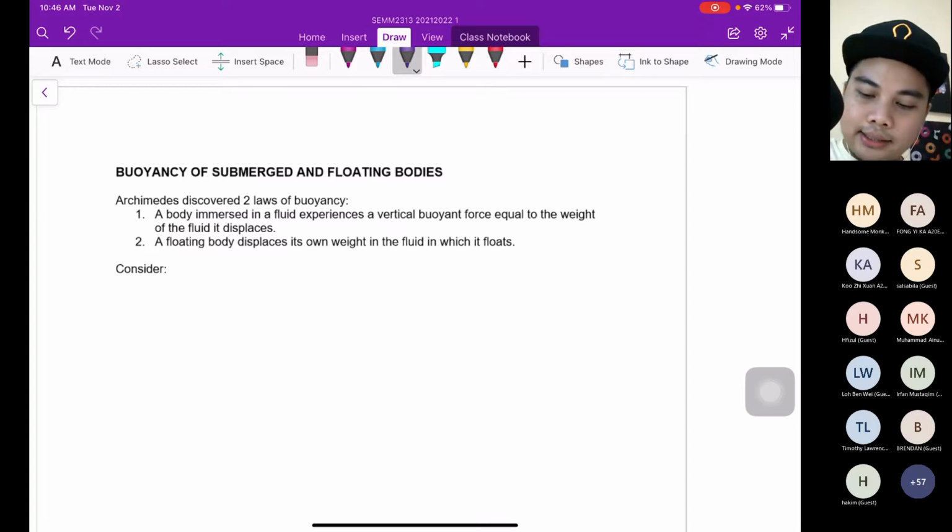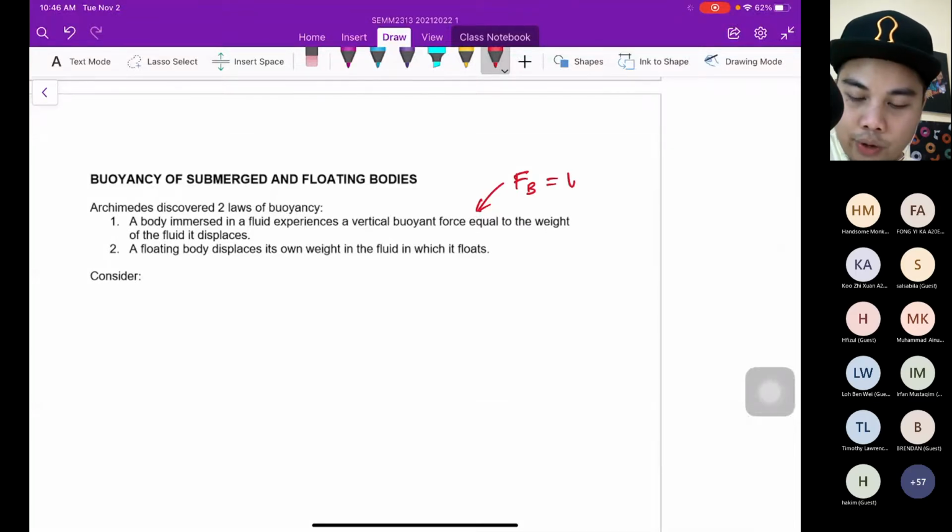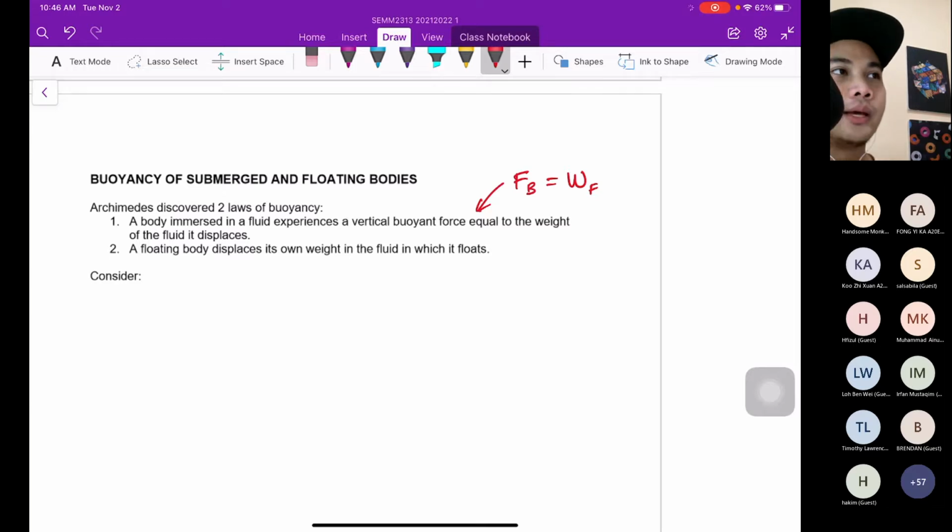So the buoyancy force F_B is equal to the weight of the fluid it displaces. Later on we will understand what the displaced fluid is. A floating body displaces its own weight in the fluid in which it floats. This is the same.